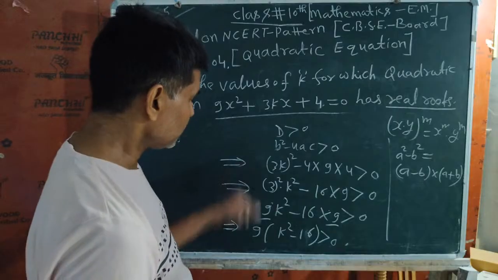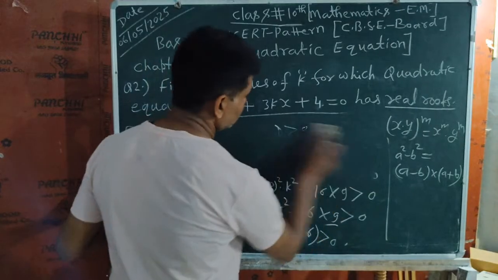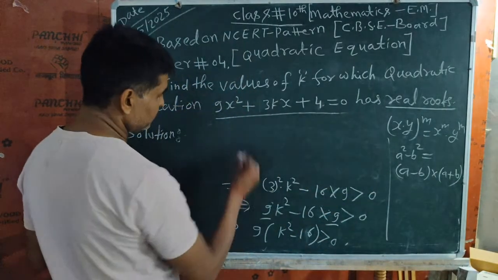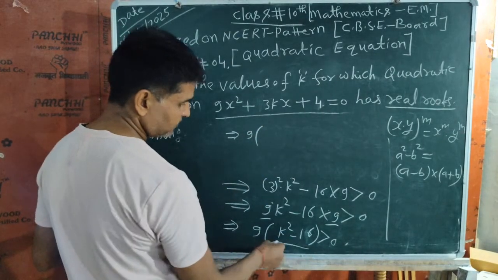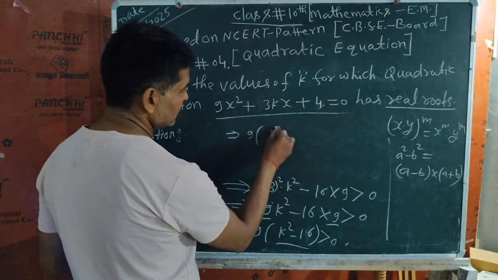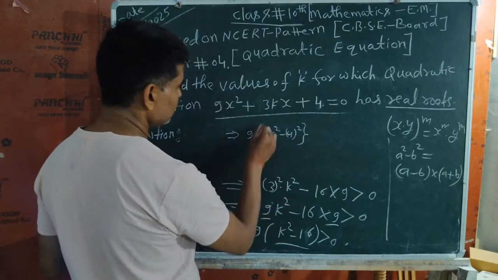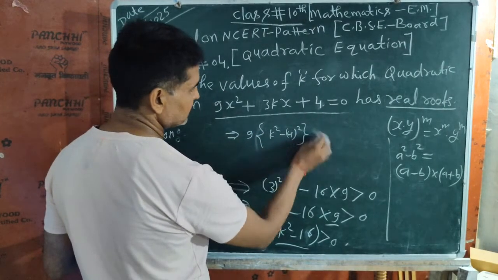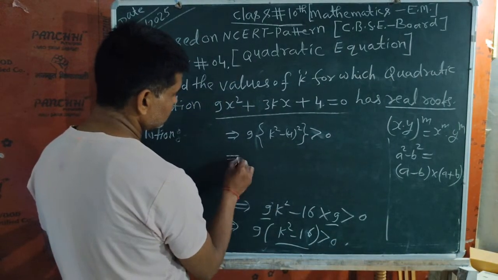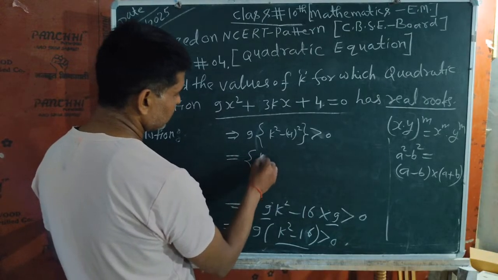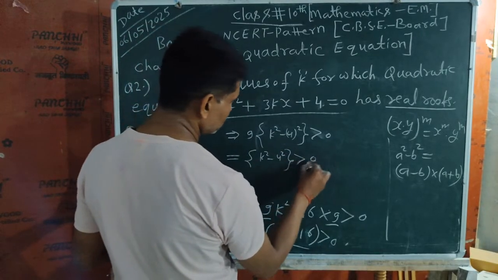Okay student, so further I am going to simplify it. So here I will write in the place of 9, that is 9, and this information can be written as a square minus 4 whole square, and here I will say this is greater than 0. Okay student, here again I will write the bracket a square minus 4 square which is greater than 0, divided by 9.